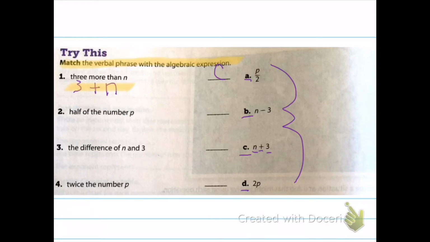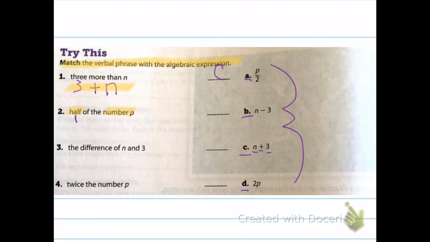Okay. Now, let's look at number 2. So number 2 says half of a number P. Well, let's think about this.